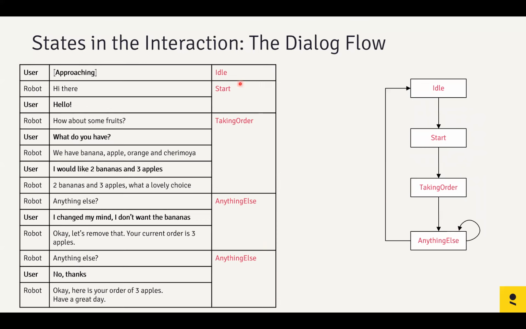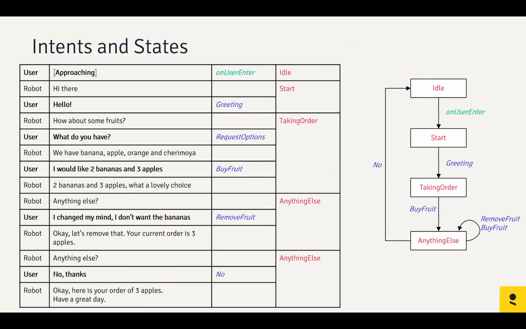So if you write down your dialogue, you can define the states, and then you can figure out what this sort of state chart looks like. You can see how we transition between these different states. And then you can define what are the things that the user says, or other things that happen, that make the system transition between these states.